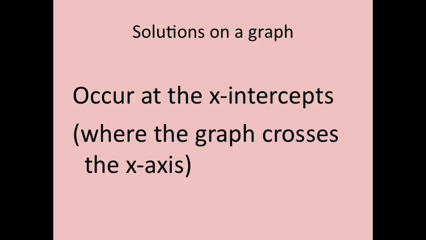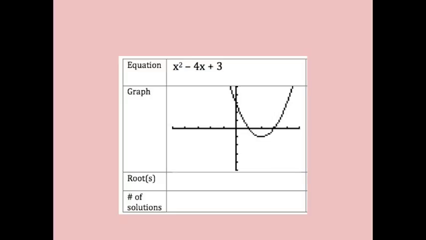Finding solutions on a graph is actually really easy because the solutions are at the x-intercepts of the graph. In other words, where the graph crosses the x-axis. Let's take a look at the first graph to figure out what exactly this means. We just said the solutions are going to be at the x-intercepts, where our graph crosses the x-axis.